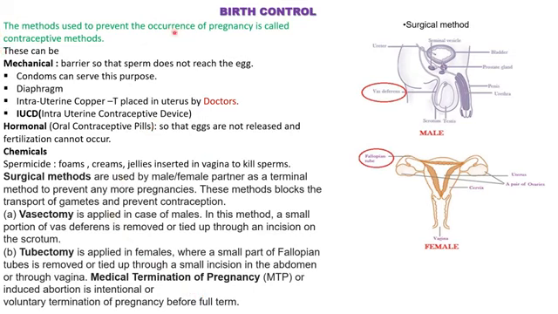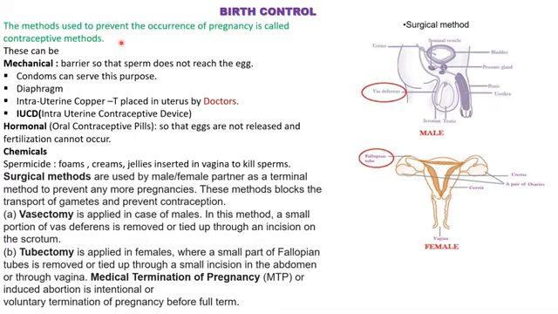Now coming to birth control, because overpopulation can only be controlled by birth control methods. There are different types of birth control methods. Why do we need to know this? To prevent the occurrence of pregnancy, or to prevent unwanted pregnancy, which is very important for youth to learn about.